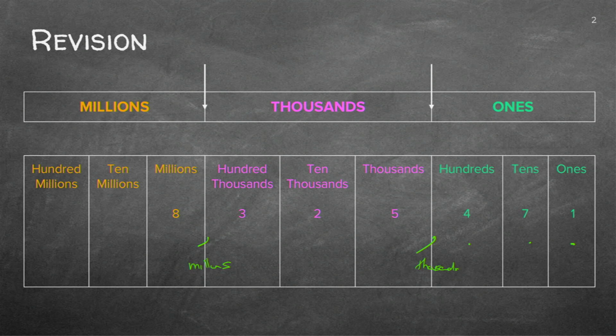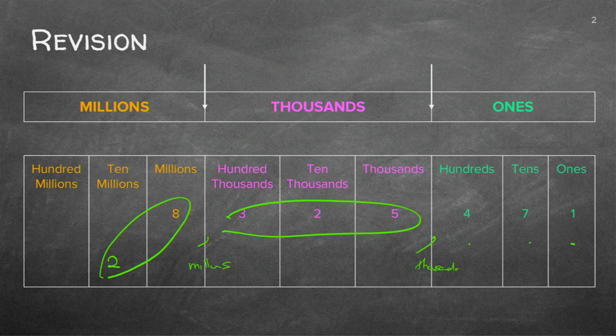Okay. So if we read it, we're going to say in this example, 8,325,471. So if we, for example, decide to add another number here, say 2, then we read 28,325,471.